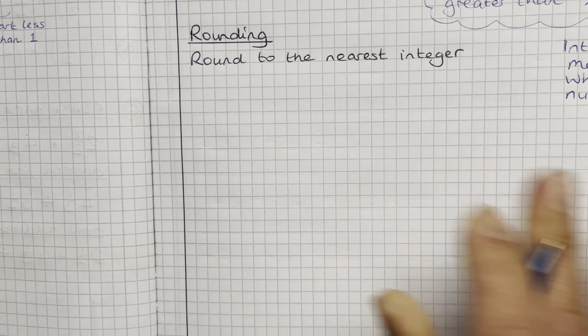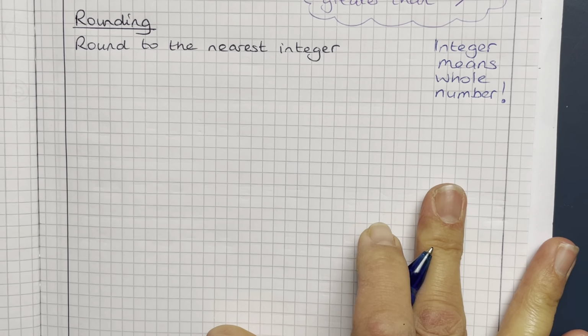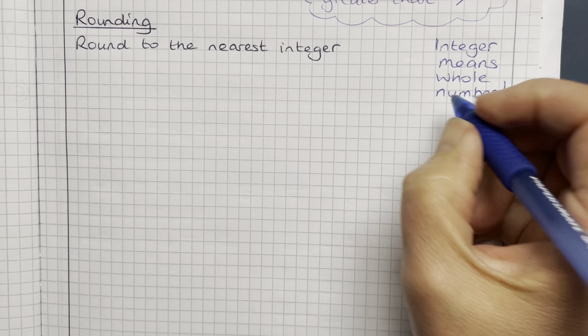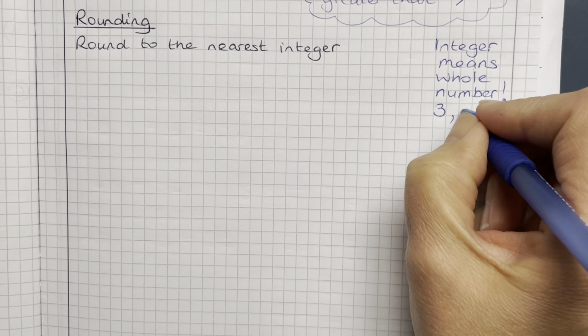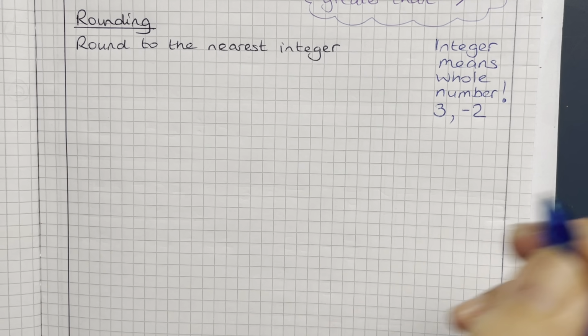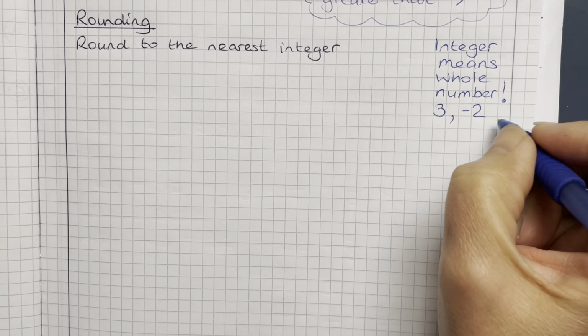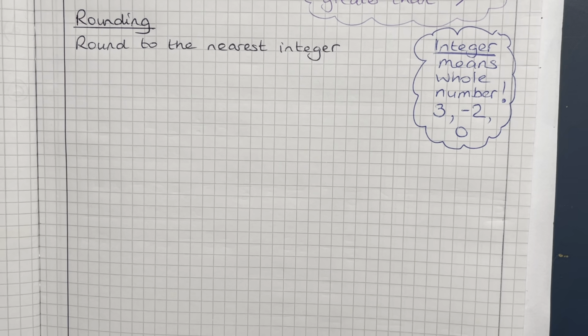And remember that it could be a positive number like 3, a negative number, maybe -2, or it can also be 0. So just a key point there: integer means a whole number. So we're going to round to the nearest whole number.